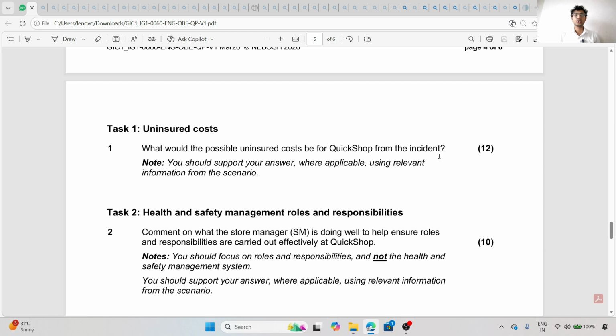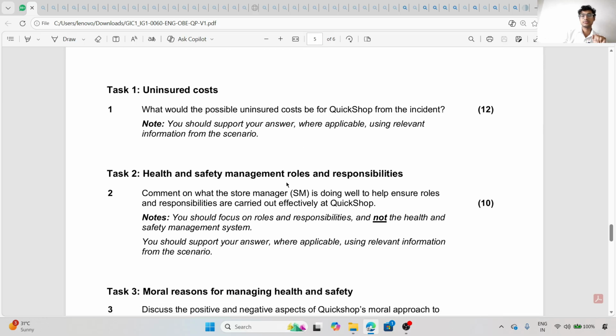Remember, you only have to state the uninsured cost, understanding the scenario and what you can find in it, and mention that.